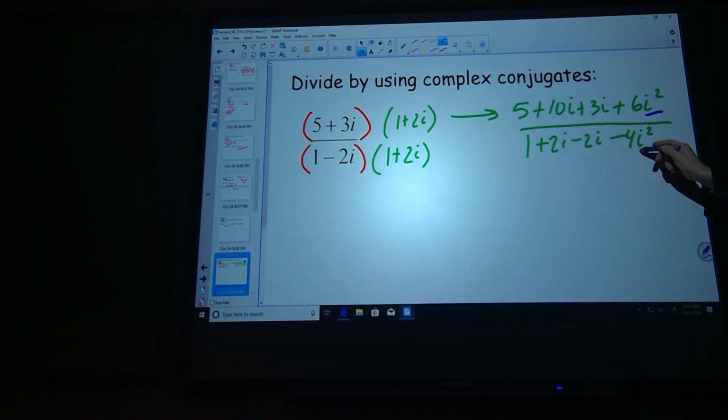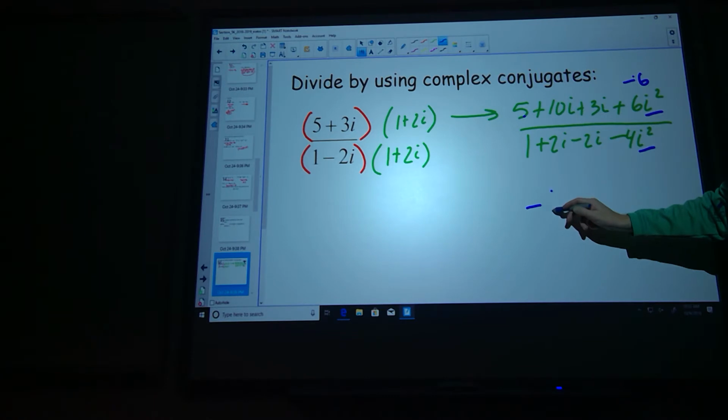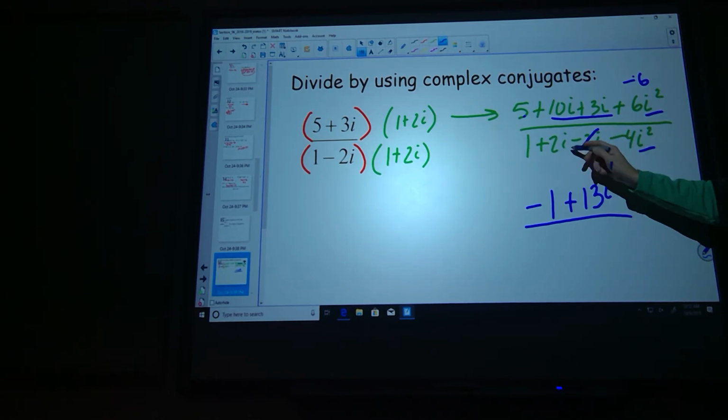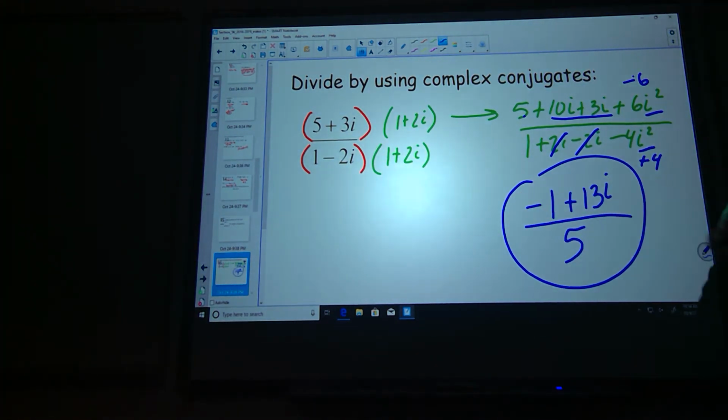So that's going to be a negative 1. That gives me a negative 6 right there. Combine like terms, 5 minus 6 is negative 1. Combine like terms, plus 13i. That's on top. All over, those cancel out. This becomes positive 4, so 1 plus 4 is 5. There's my complex answer. Cool.